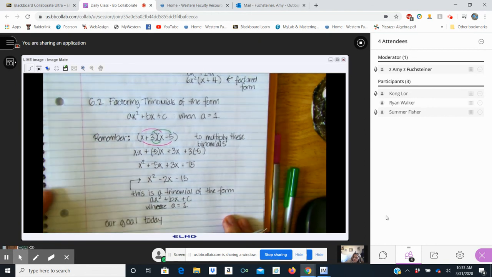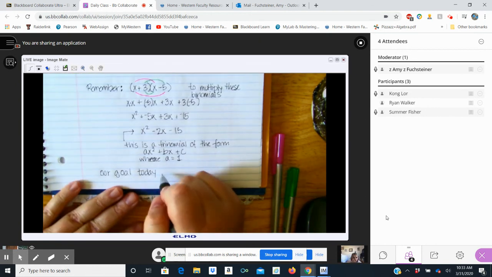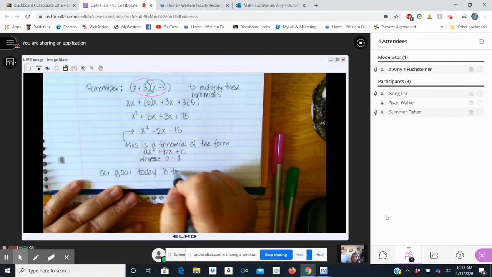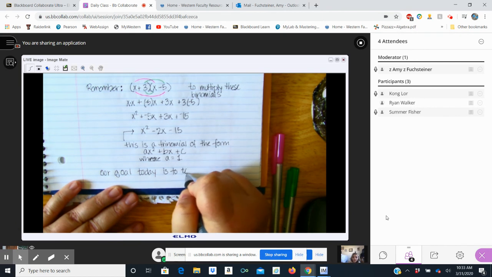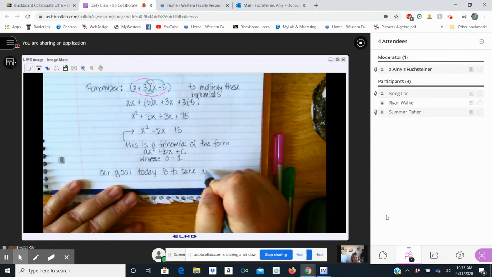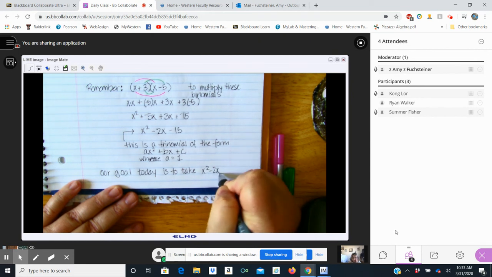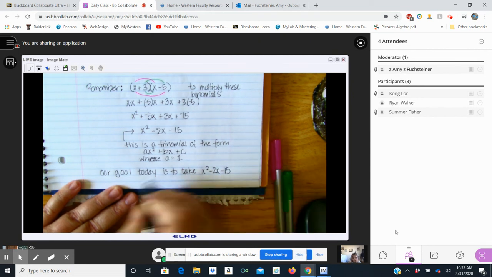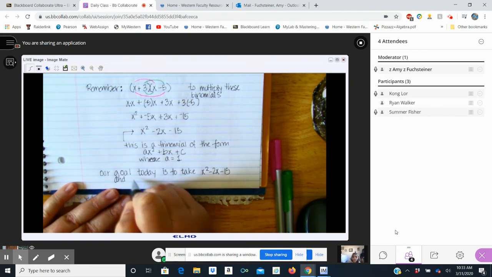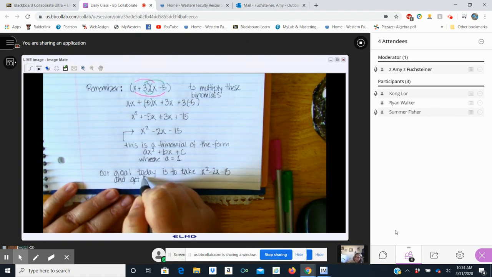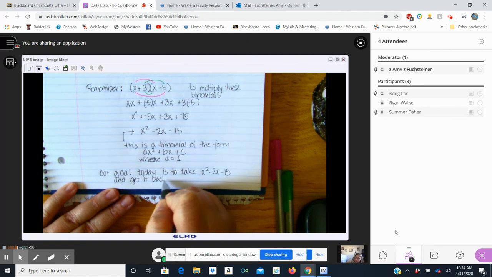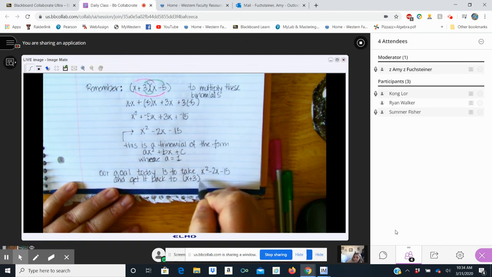Our goal today is to take x squared minus 2x minus 15 and get it back to x plus 3, x minus 5.